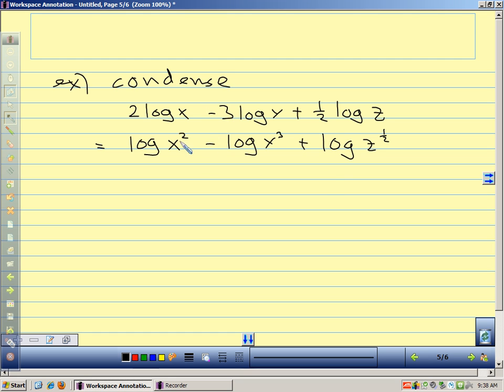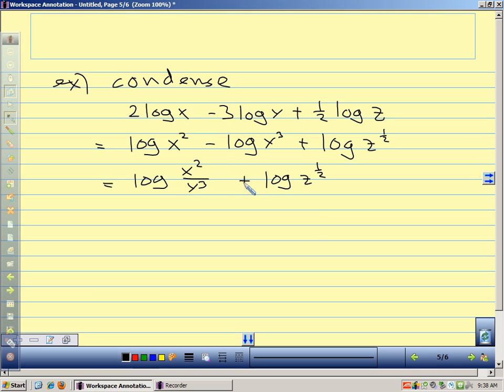Now we have these two logs subtracting each other, so what does that tell us? We're going to divide. So that's log of x squared over y to the 3rd plus log of z to the 1/2.